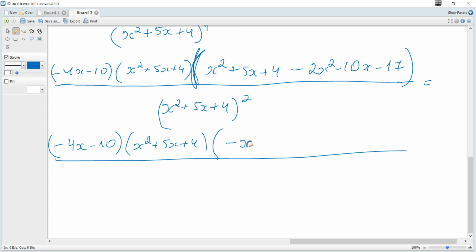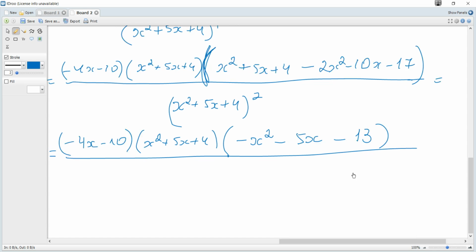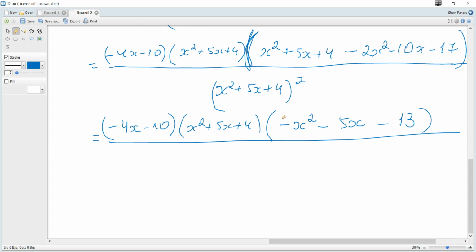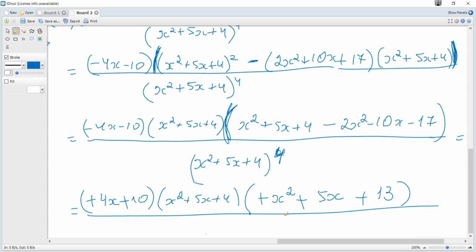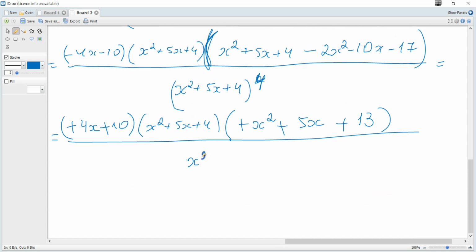So it's negative x squared minus 5x and what? Minus 13. We can factor out minus, and there will be also plus, or also factor out minus. It's not necessary, but the power of 4 and over x squared plus 5x plus 4 to the power of 4.